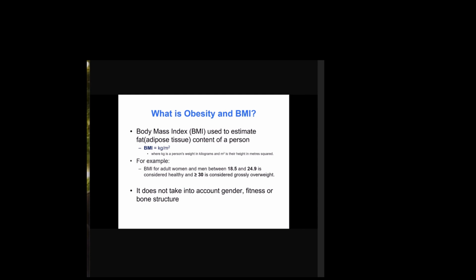We have a standard way of looking at weight. We have known people who are overweight, and when you say overweight, what does that mean? In recent times, we've been saying that they look at their body mass index. It's used to estimate how much fat somebody has as opposed to muscle.